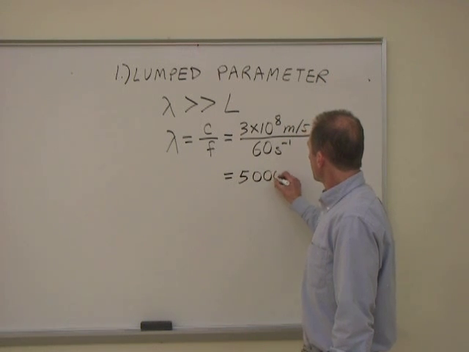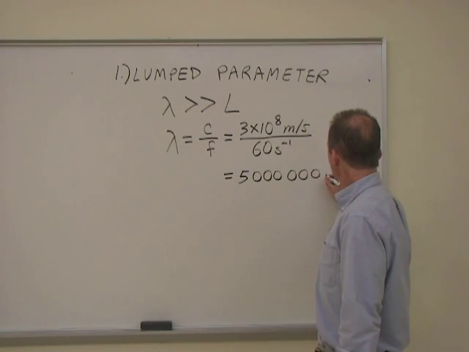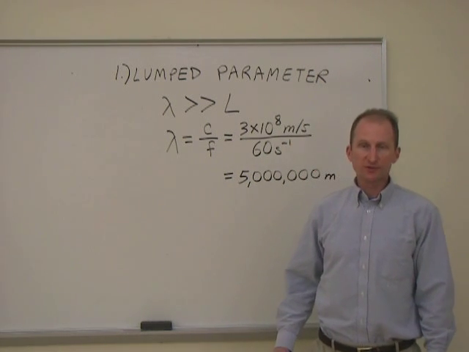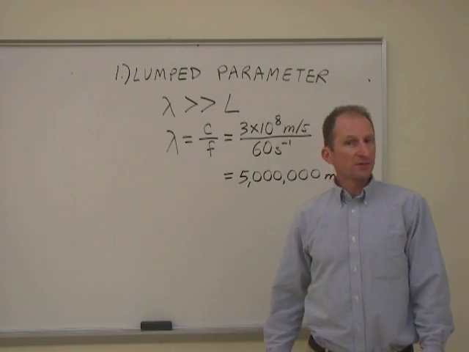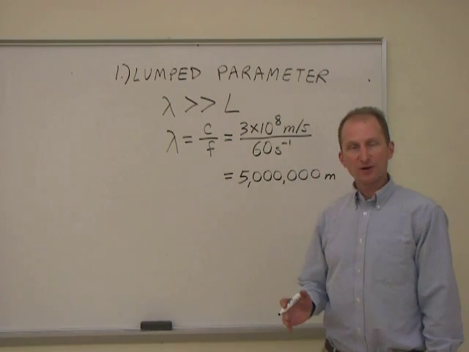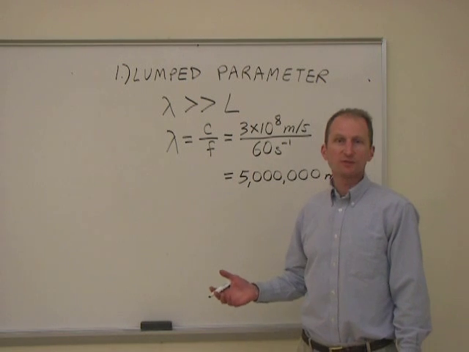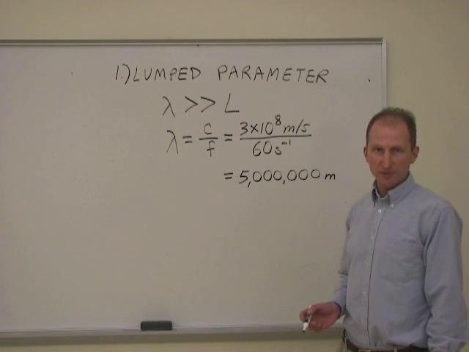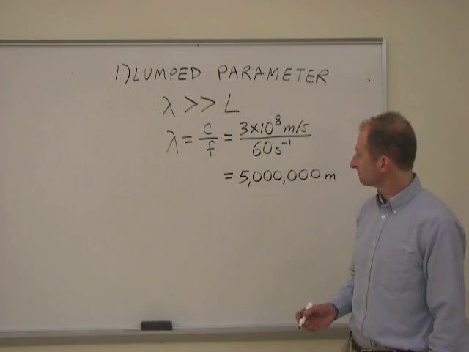That gives us 5 million meters, or 5,000 kilometers. That means we can use the lumped parameter assumption at 60 hertz as long as our system is smaller than about 500 kilometers, or New York State.